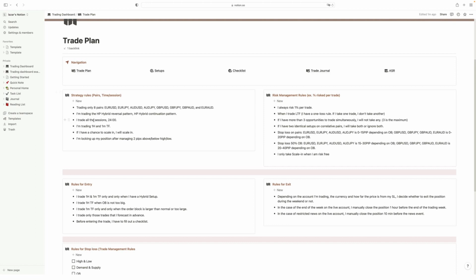So I do not trade a single session like the majority of other traders. Because I'm mainly executing on higher time frames, I do not have that rule that I'm only trading a single session. I don't like to do that because, for me, trading is not only about financial freedom. It's also about the freedom of time. So I do not like to sit on my PC every single day and trade 4 or 5 hour sessions.